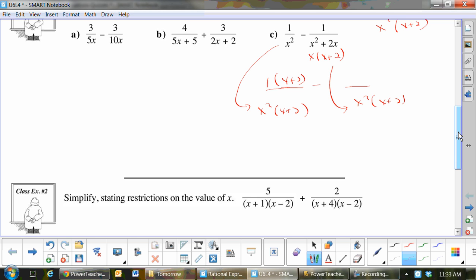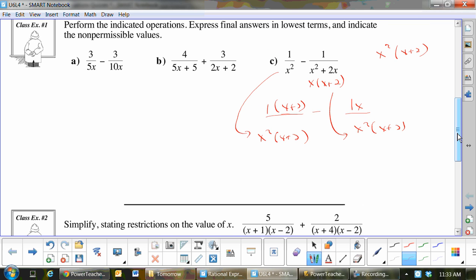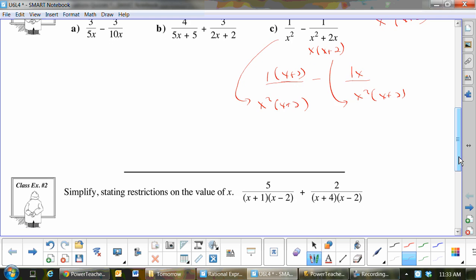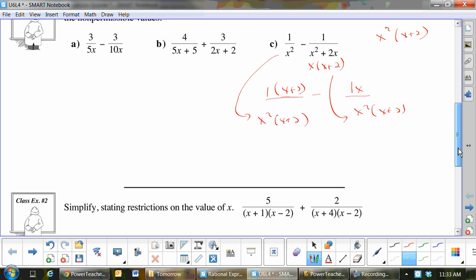Just multiply it by x. So when you take out common factors, sometimes it just appears. Now, this should be 1x plus 2 minus 1x all over x squared times x plus 2. Question?